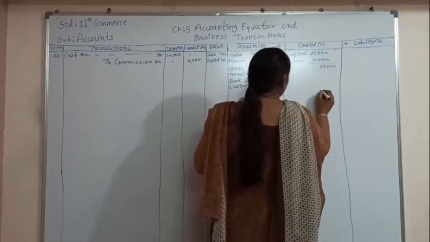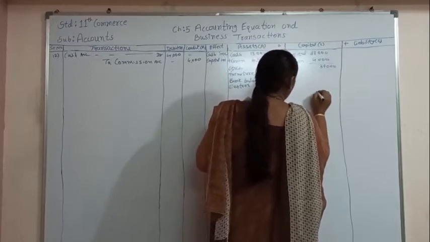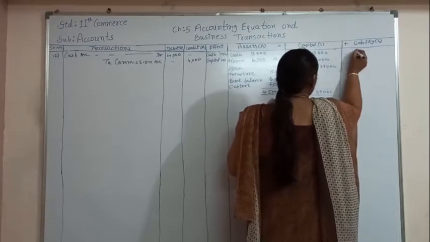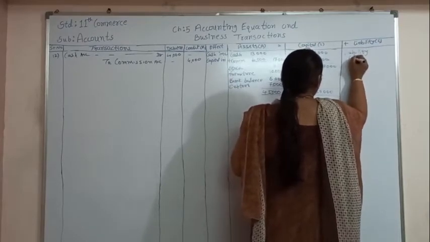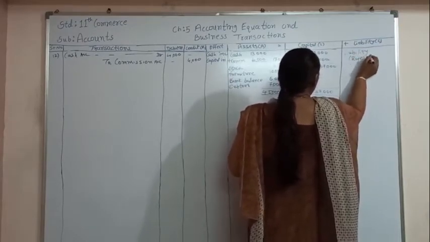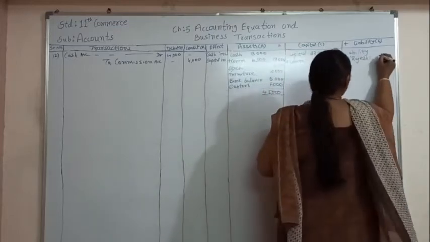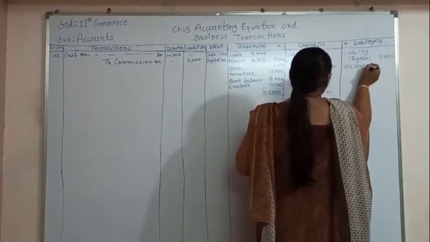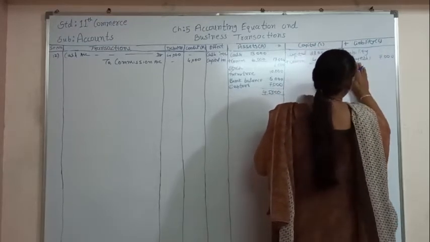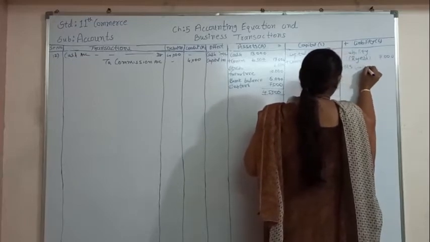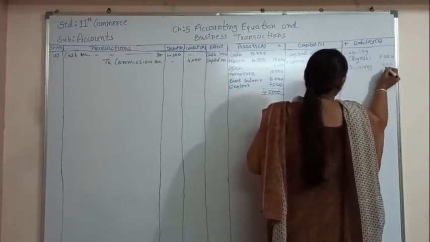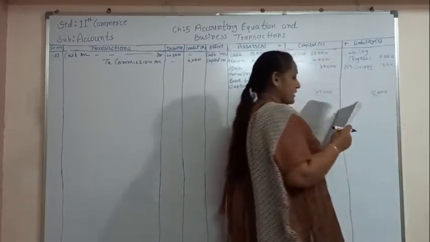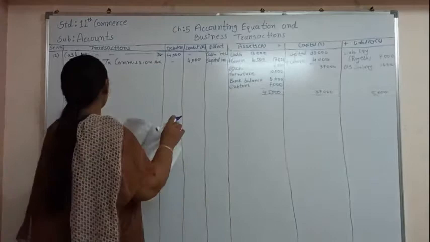And here we are going to make the total of capital, and liability of Rajesh will be 7,000 and outstanding salary will be 1,000. So that will be 8,000. Now let's see the next transaction.